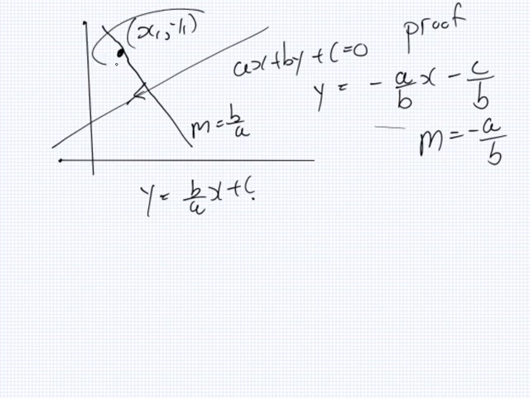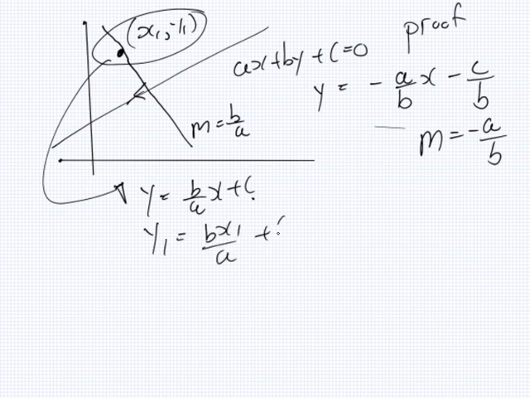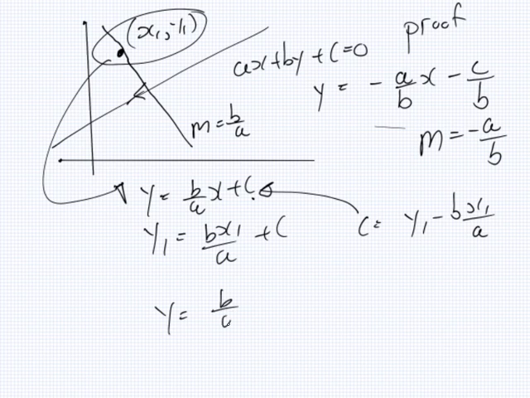By using this point, yeah. So I'll put that point in, and I get y1 equals bx1 over a plus c. So c equals y1 minus bx1 over a. I can put that back in, and I get y equals b over a x plus y1 minus bx1 over a. If I want to find this distance, I have to find this point first.